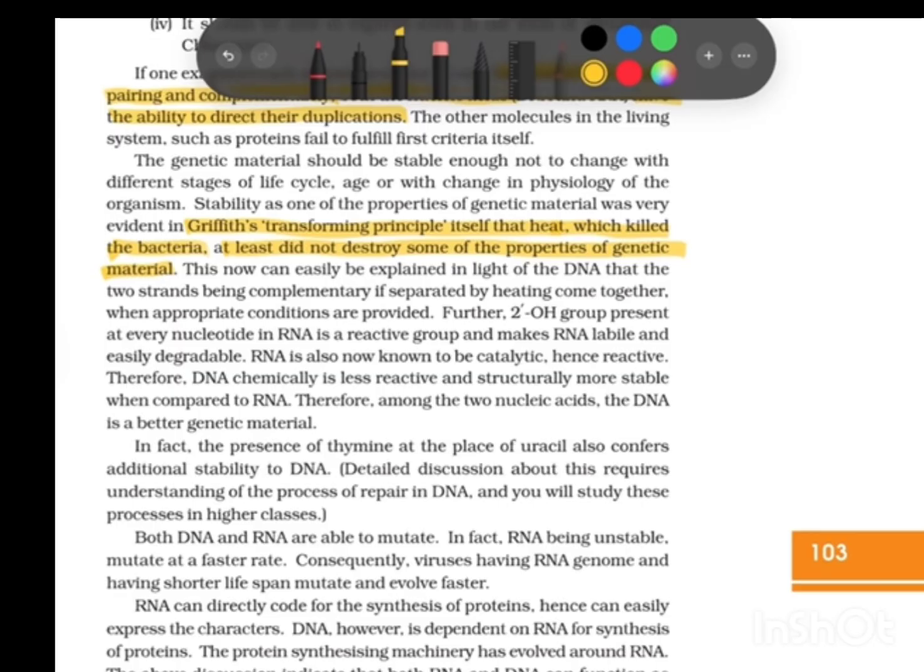Of course, denaturation occurs. But again, when appropriate conditions are provided, both the complementary strands come together. If they were separated by heating, they come together. They have the tendency to rejoin, to rebind because of that complementarity.